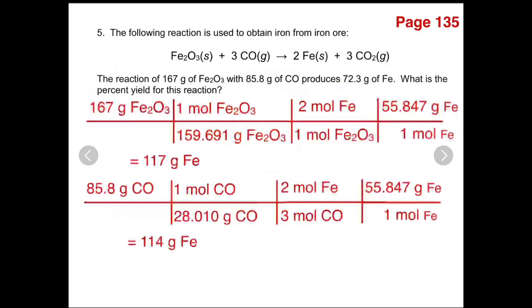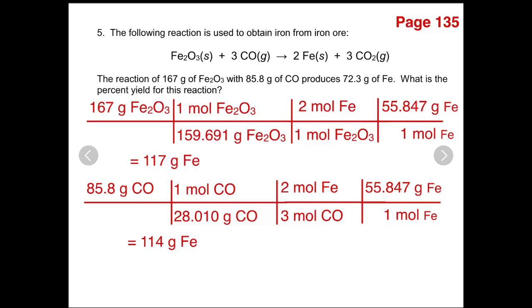So pretty much you are going to set up two equations, one coming from the first reactant. Convert the grams of the first reactant to moles, and then use the mole ratio to convert to moles of iron, because that's what the problem is asking us. Then multiply by the molar mass of iron. Eventually, you are going to get 117 grams of iron.